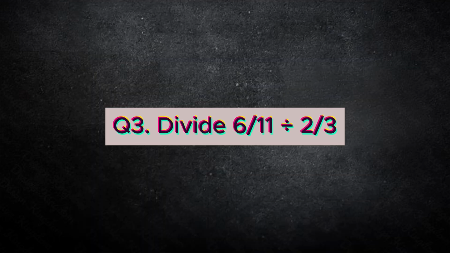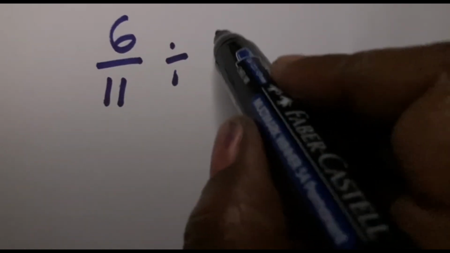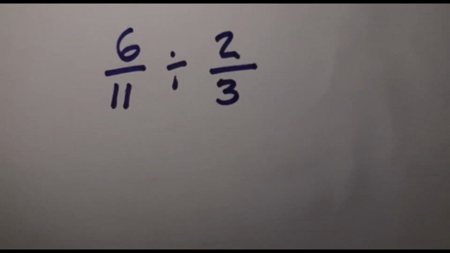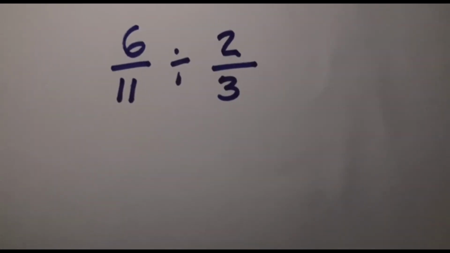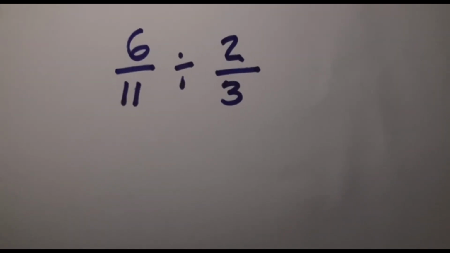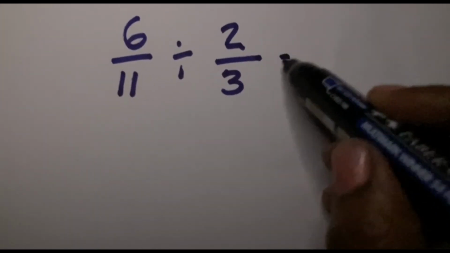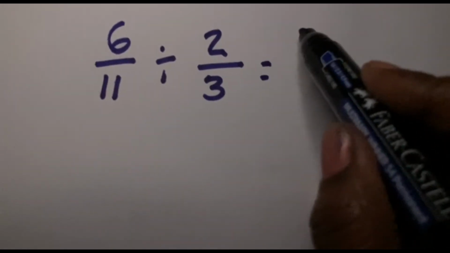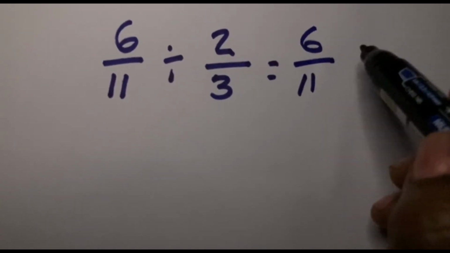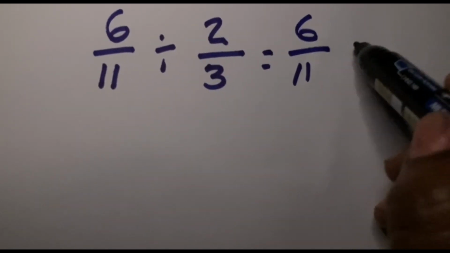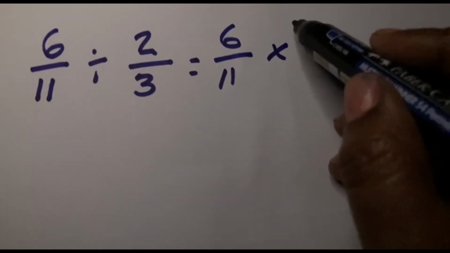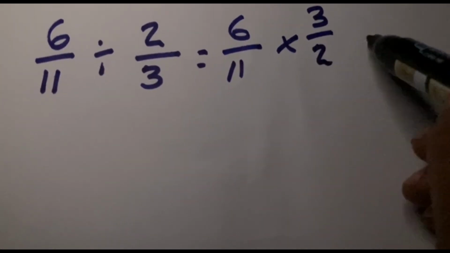Okay, for the next one, you can pause the video and try. Let's divide 6/11 divided by 2/3. Again, our rule is keep, switch, flip, simplify, and multiply. We keep the first fraction, switch the division to multiplication, then flip the second fraction, 2/3, which becomes 3/2.